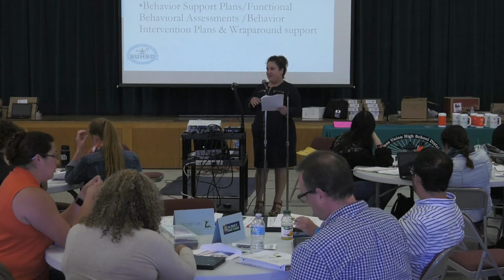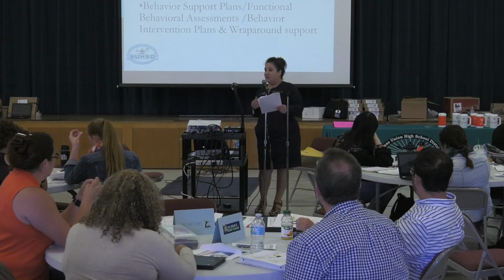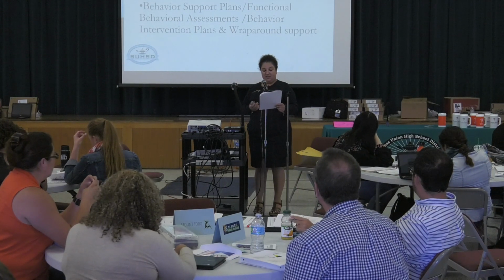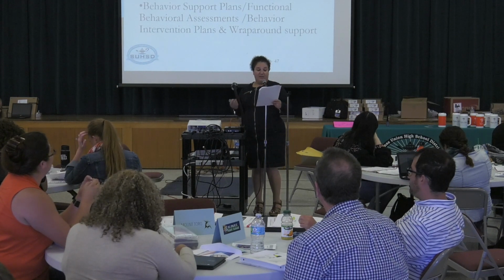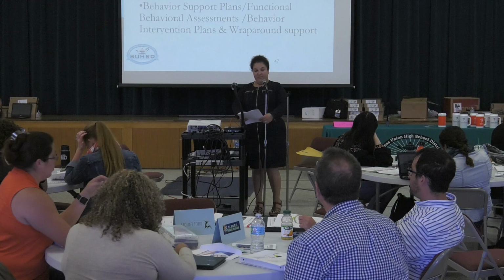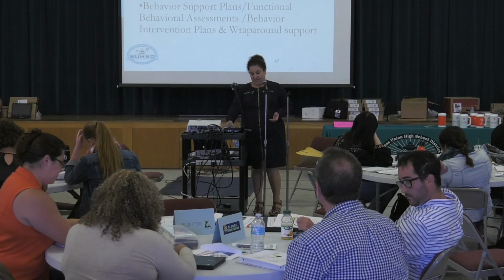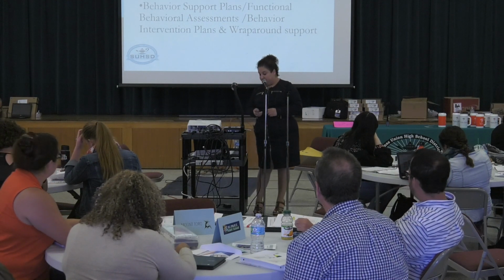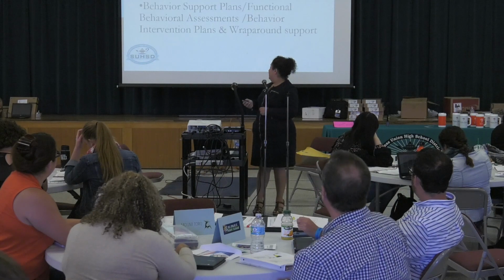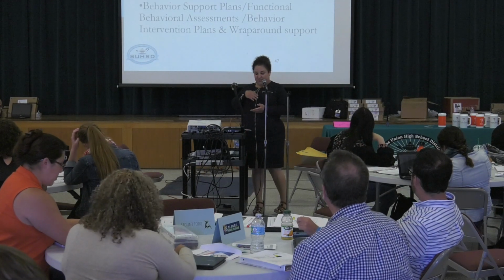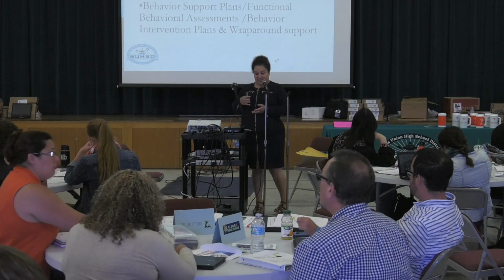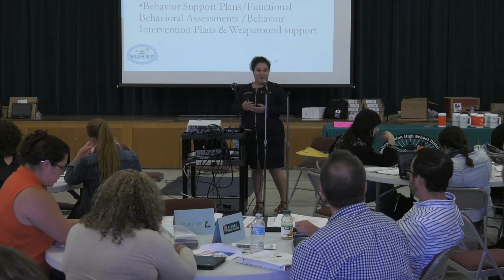For the purpose of today, we're going to talk a little bit about the function-based interventions, but we also have individual counseling, like I talked about earlier, and we also have other types of interventions that might not be function-based. So Tier 3 is for students who have basically gone through the Tier 1 and the Tier 2 type of interventions, and they haven't responded.